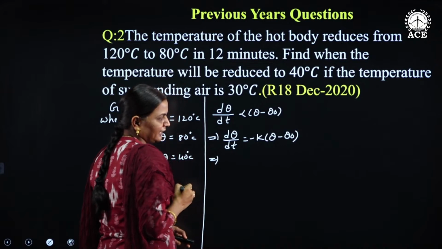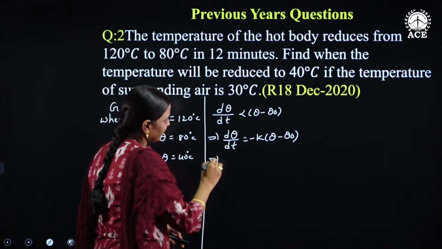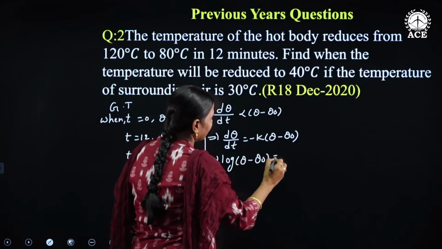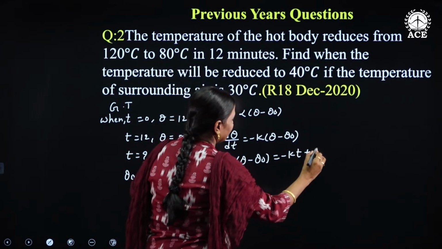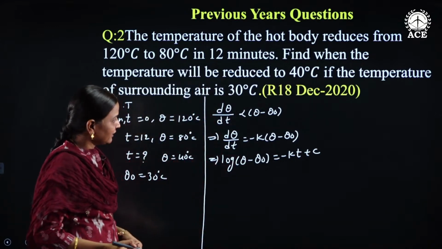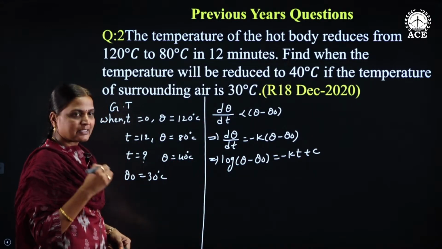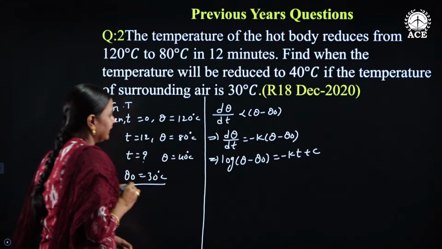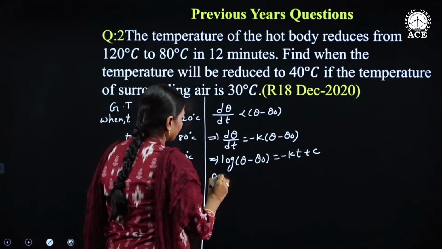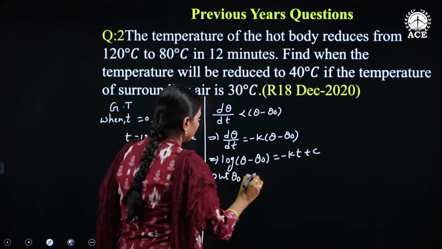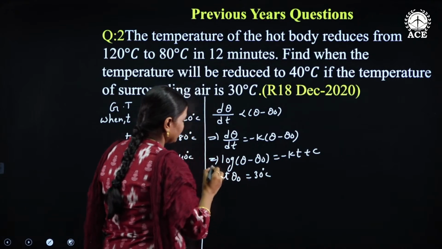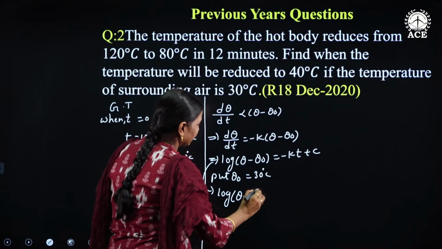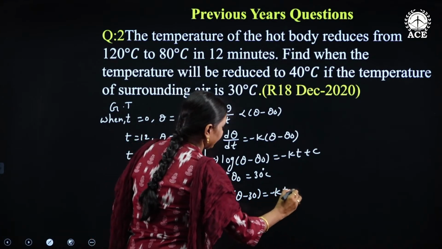And after separating the variables and taking the integration, we get the equation log of (theta minus theta naught) is equal to minus kt plus c. But given that, now substitute the given values step by step. What is the given temperature of surrounding air? 30 degrees centigrade. So put theta naught is equal to 30 degrees centigrade. So then this equation becomes log of (theta minus 30) is equal to minus kt plus c.